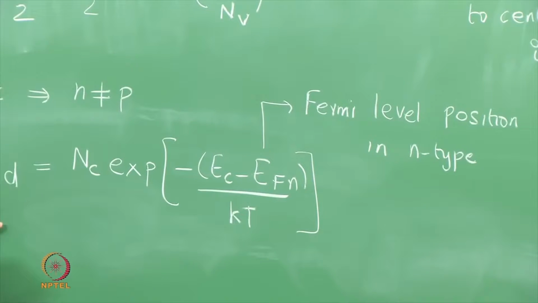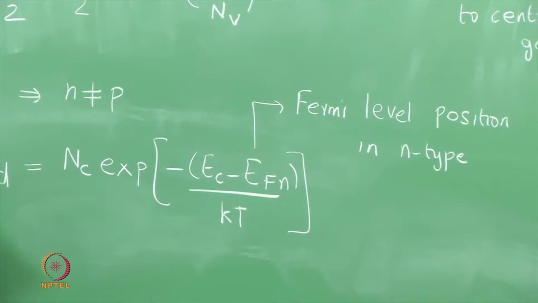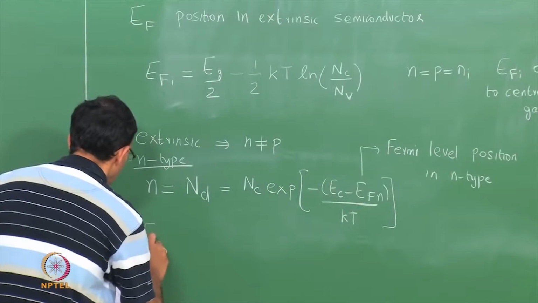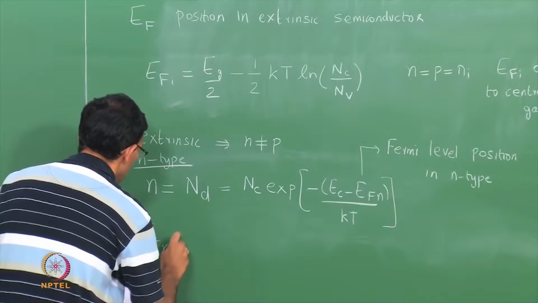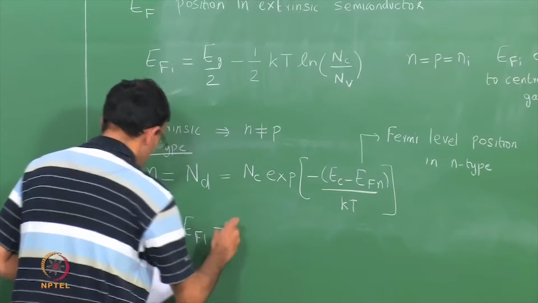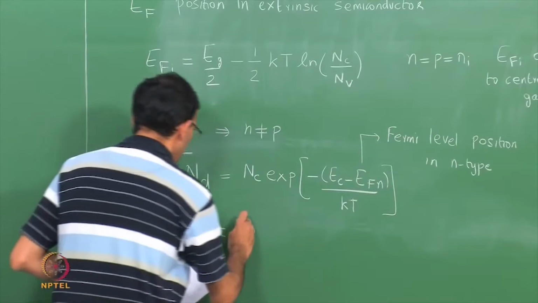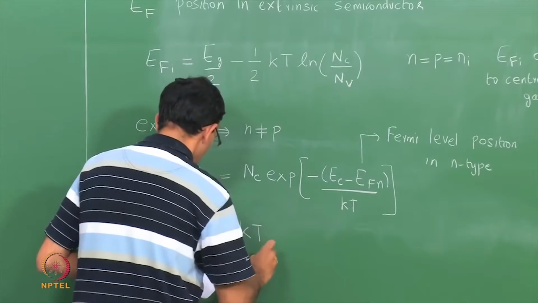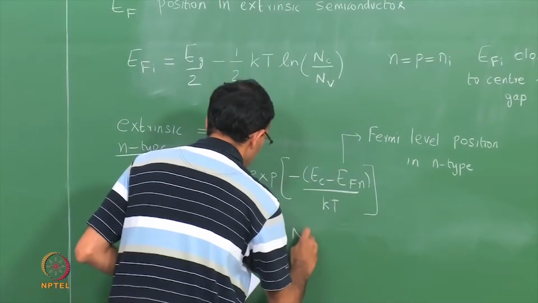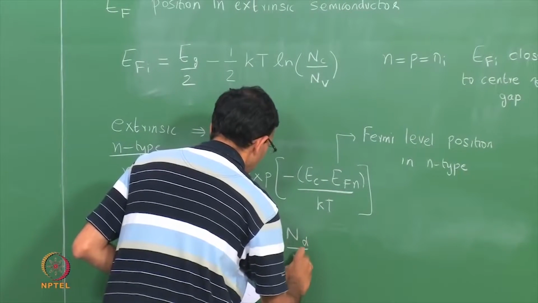So, we can take this expression and rearrange the terms a bit, and what we will get is EFn minus EFI is nothing but kT ln of Nd over Ni.